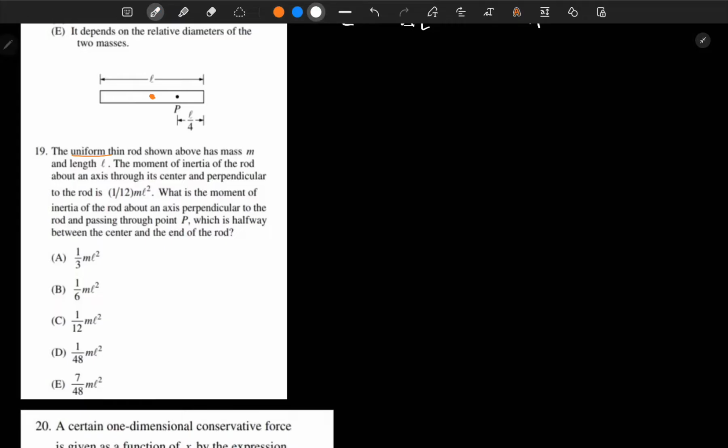So, the density of this rod, which is the mass divided by the length, m over L, since it's uniform, should be equal to dm/dr, where here dm is an infinitesimal mass of the rod, and dr is an infinitesimal length along the rod.